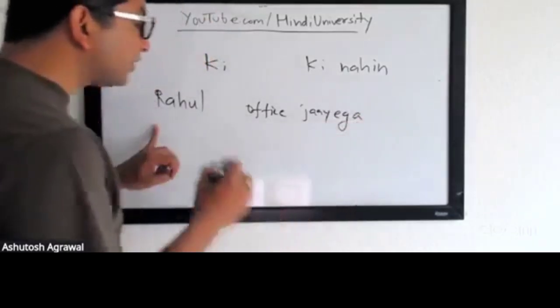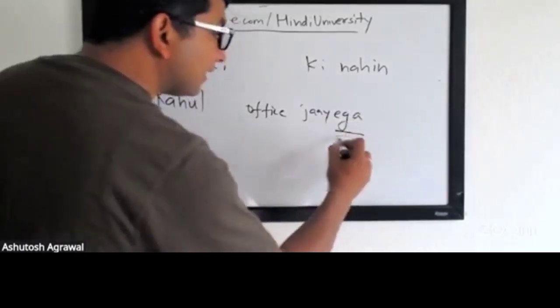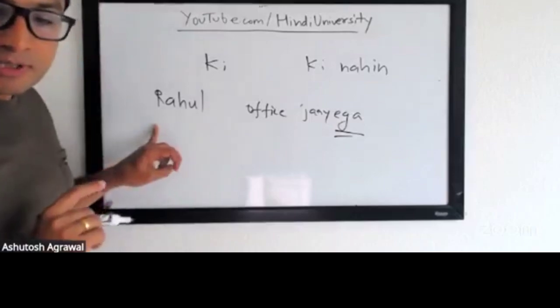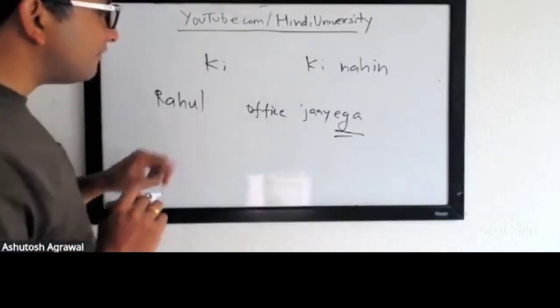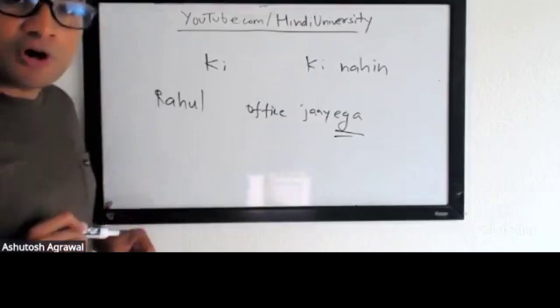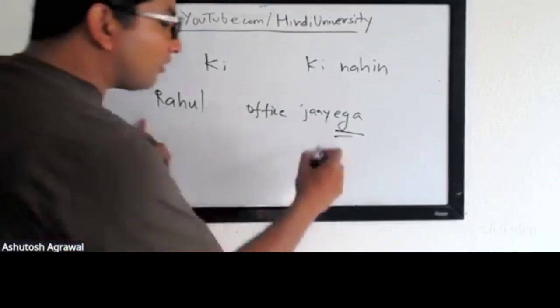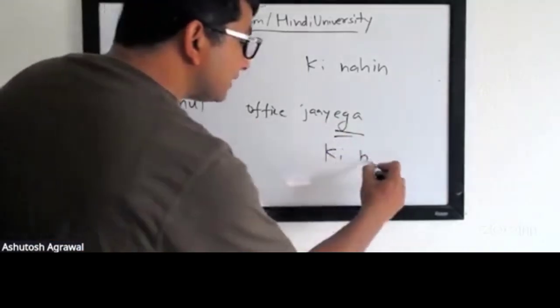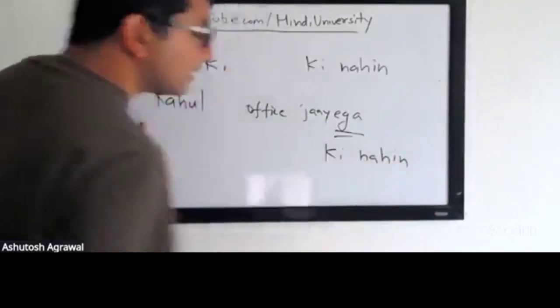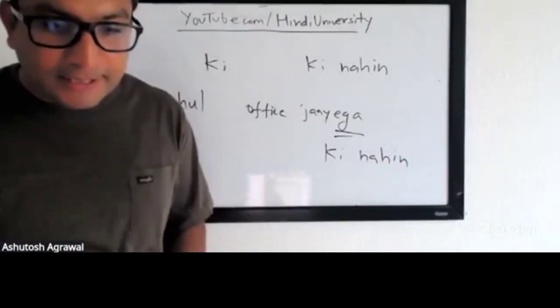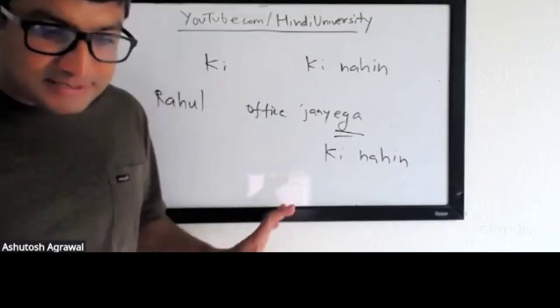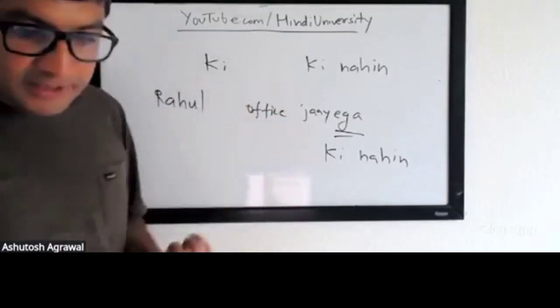Future indefinite ega, masculine singular, right? Stacy office jayegi. Okay, so if you want to say whether Rahul will go to the office or not, Rahul office jayega ki nahi, whether he will go to the office or not. Okay, right now I just wrote one simple sentence. We will do both of them as well.